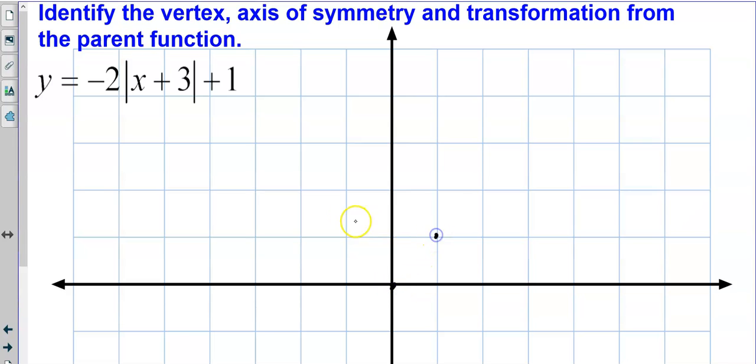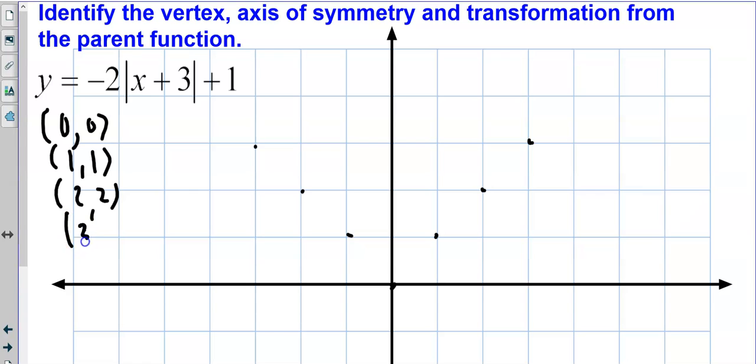You don't have to graph the points every time, but it's not a bad idea, especially when you're first starting out. And so (0, 0), (1, 1), (2, 2), (3, 3), (-1, 1), (-2, 2), and (-3, 3).